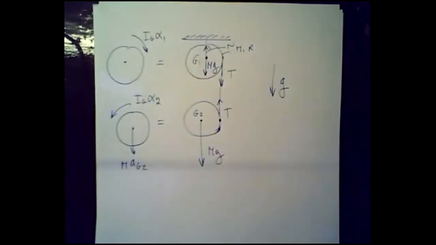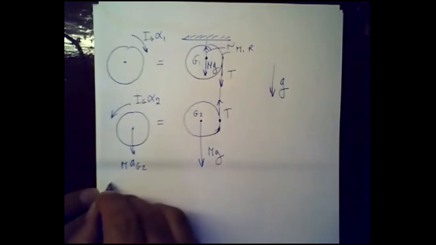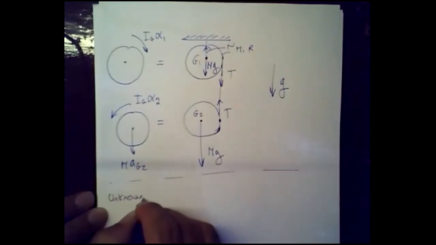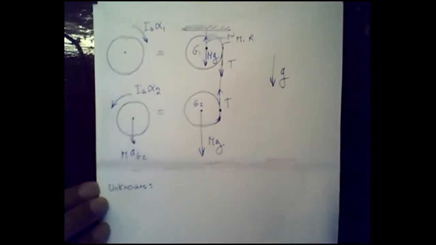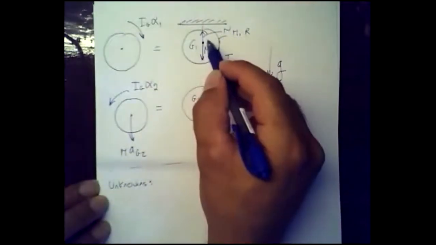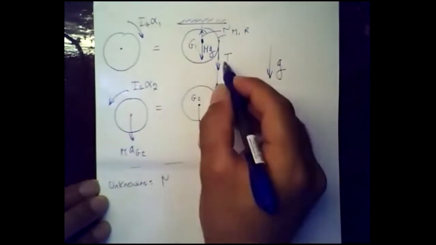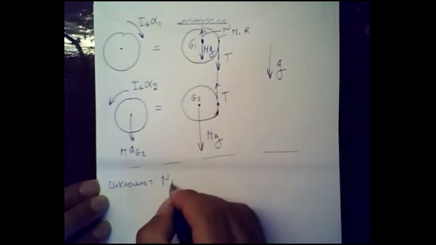Okay, so very good. So let us see right now how many unknowns do I have in total? 4. Okay, let us count them, right? So we have the normal reaction with the wall, so this guy is N. And then I have the tension, right?